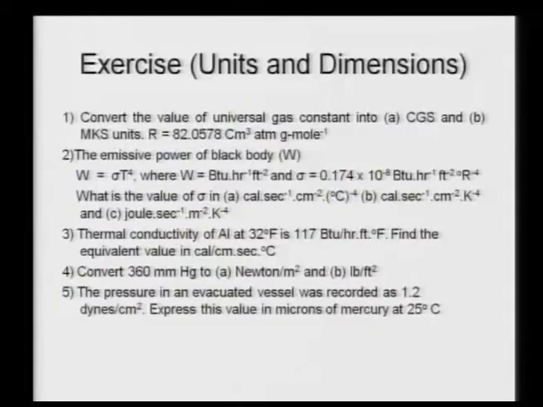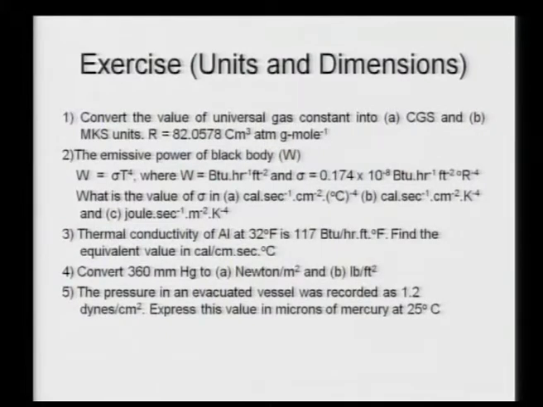Problem 2. The emissive power of a black body, as all of you know, is W equals sigma T to the power 4, where W is given in BTU per hour per feet square and sigma is given in this unit. So, what is the value of sigma?